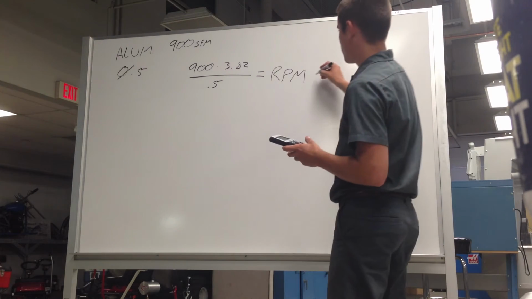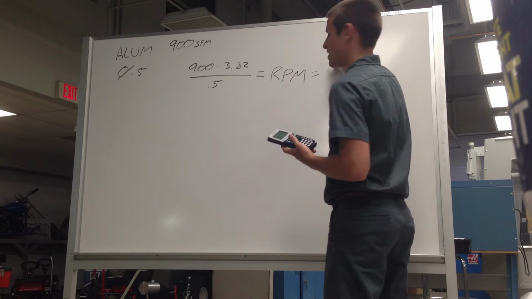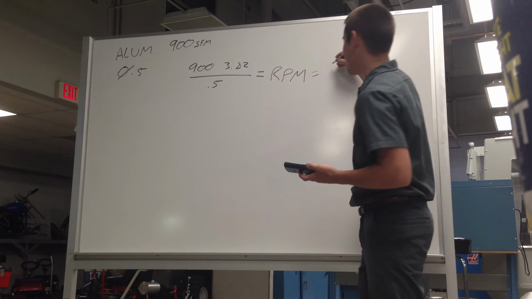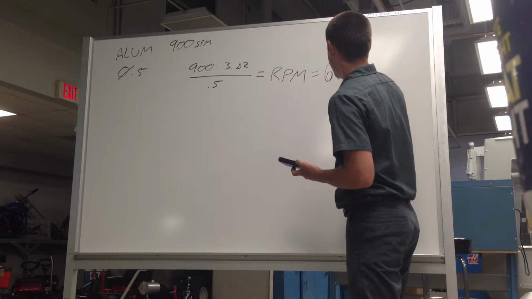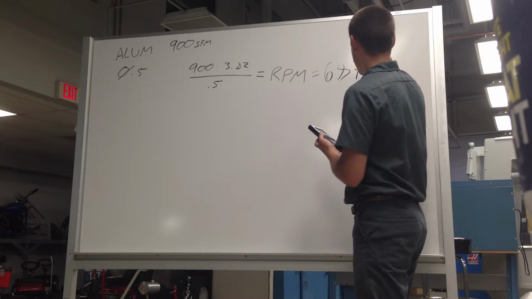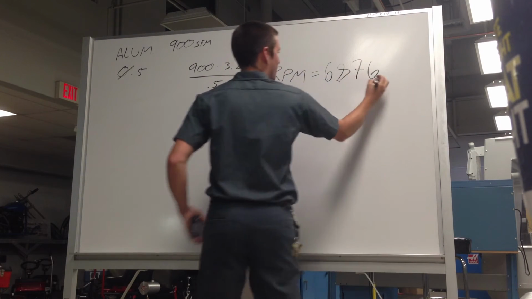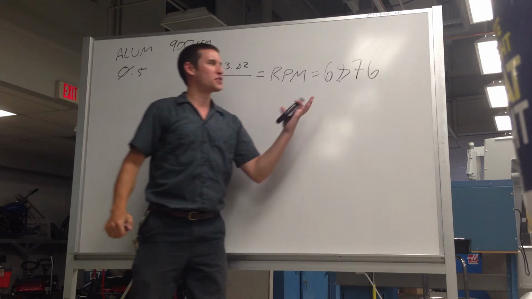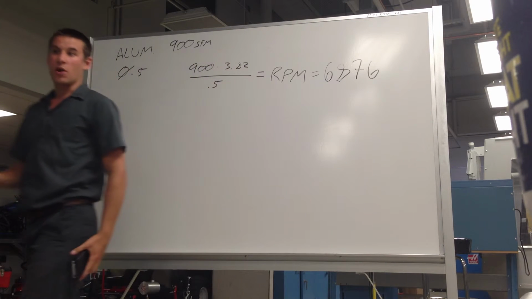What'd you say? 6876. Oh, I thought you said 68,000 or something. No. Yeah, so that means it needs to be spinning 6,800 roughly RPM, right?